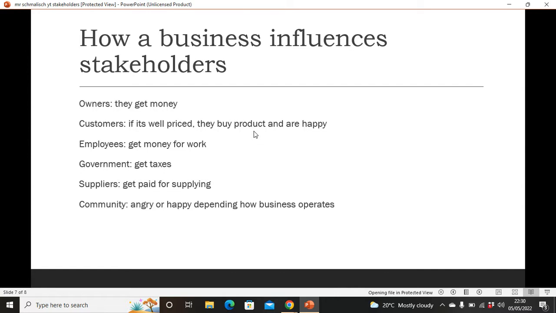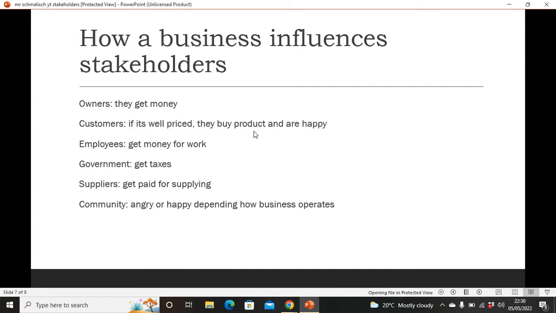So let's go with government. They can influence the government by perhaps employing more people or employing fewer people, and obviously this is going to have an effect on employment levels.